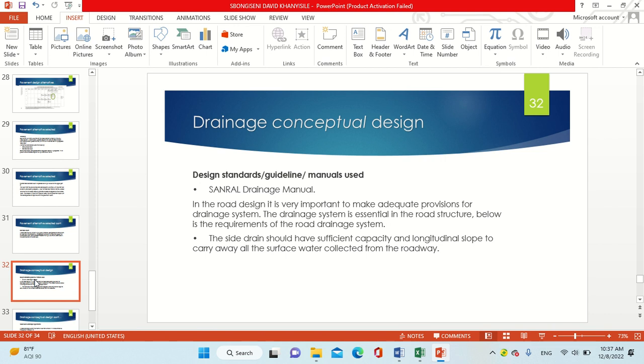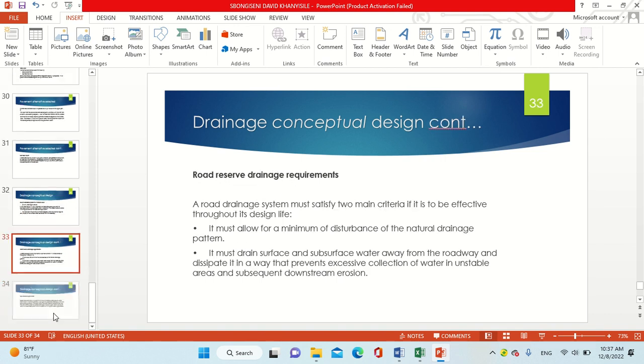We're going to look at the requirements of the road drainage system. The side drain should have sufficient capacity and longitudinal slope to carry away all the surface water collected from the roadway. Now we continue with the road reserve drainage requirements.